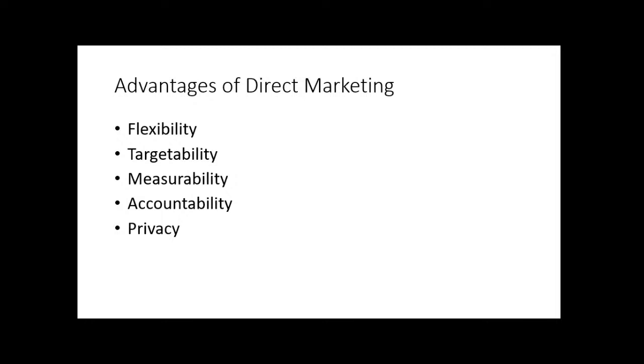And then I've added privacy, which refers to A, your ability to send your message to individuals without it being received by unintended audiences, and B, your supporters' improved likelihood of receiving your message without typical distractions that they would have in other broadcast communication, including email.